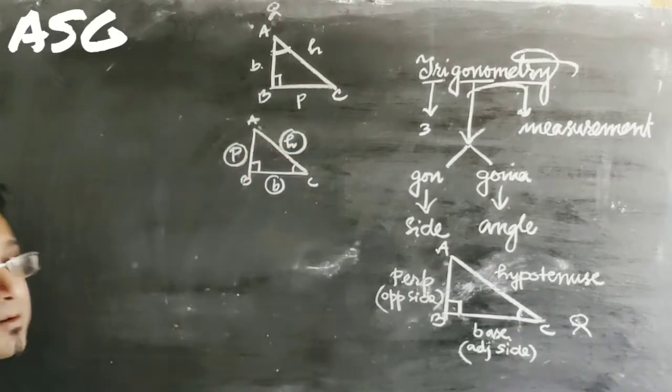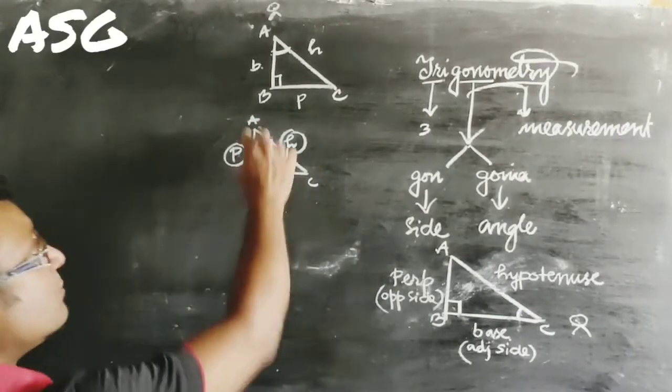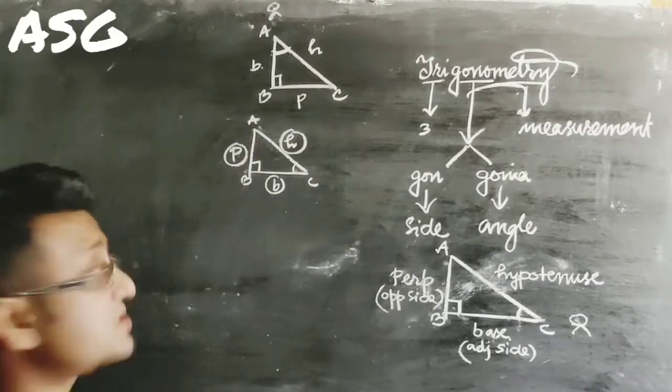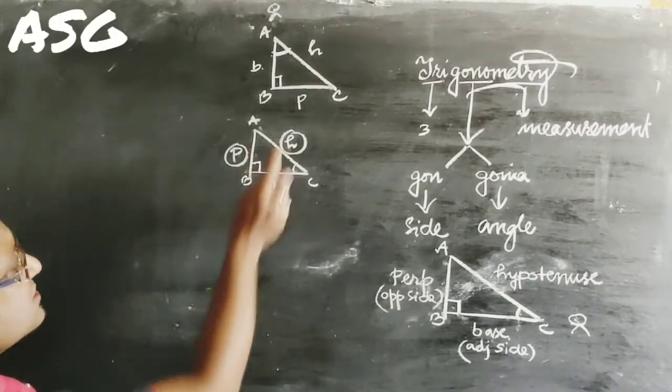Ratio means a comparison of two similar quantities, both of them are lengths.